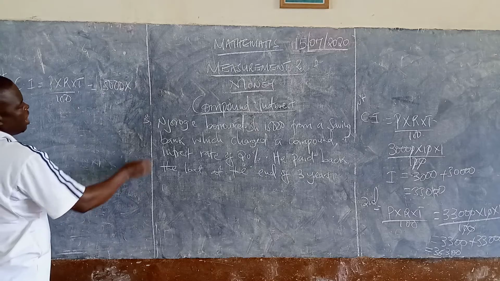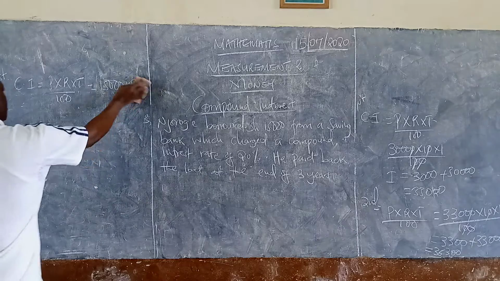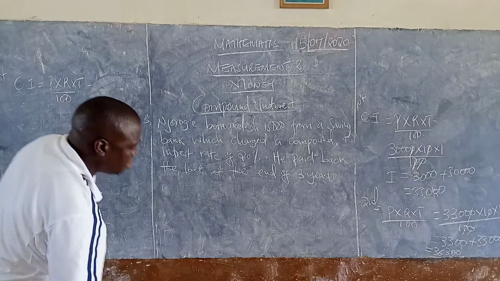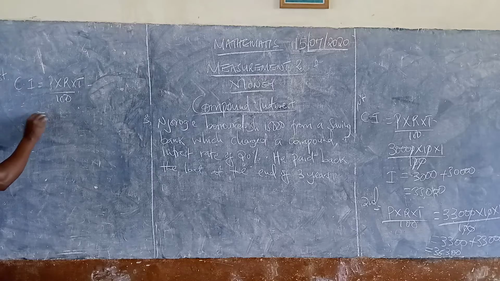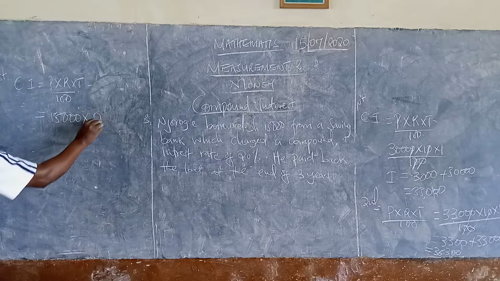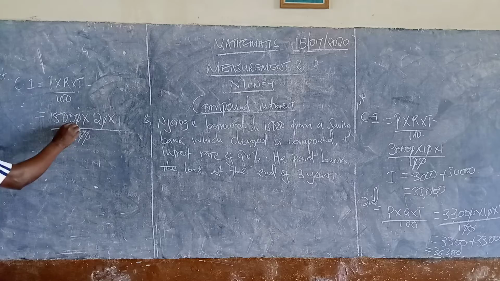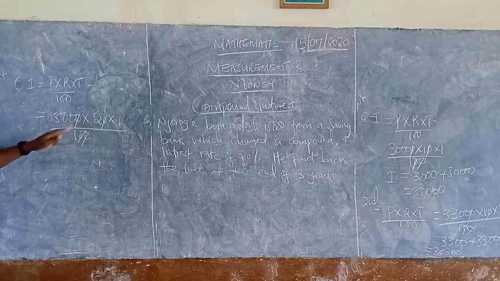The rate is 20, the time is 1, over 100. We simplify the zeros. This is 150 multiplied by 20, and we have 3,000. So the interest for the first year is 3,000.